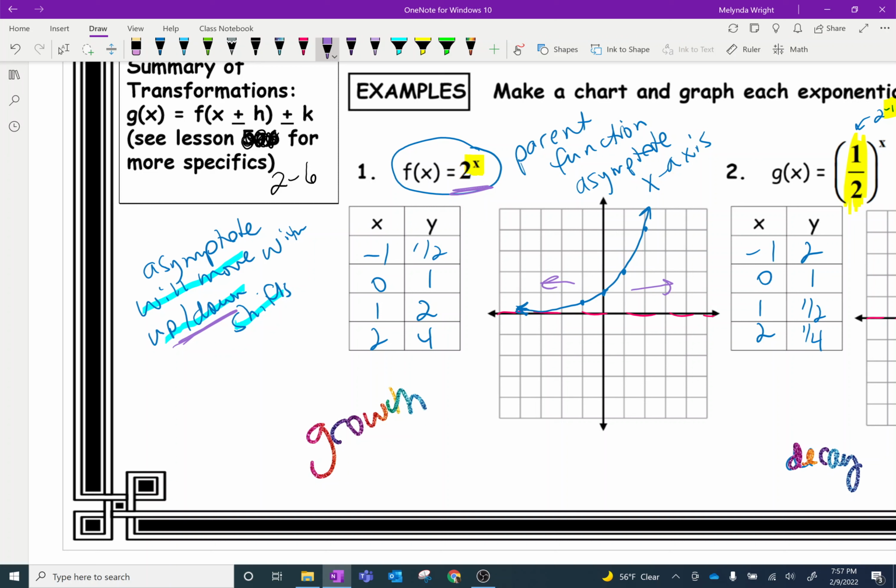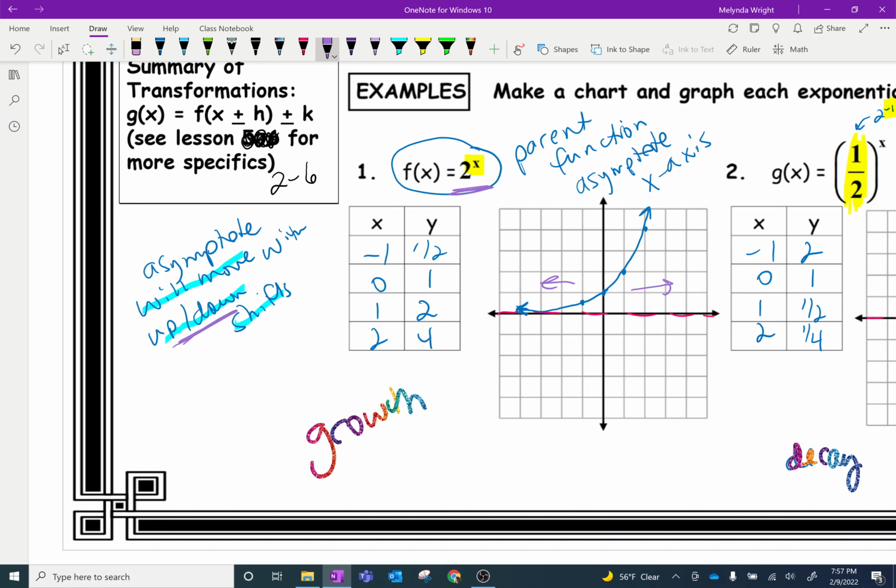Okay, so let's go back and look at the exponential. I think we did have an up-down shift. Yeah, we went down 3. So our new asymptote is going to be down 3. So it's going to be right here. And let's graph our points.